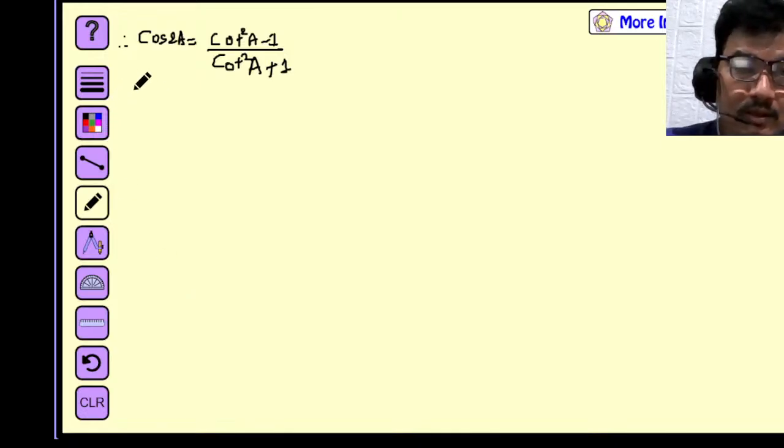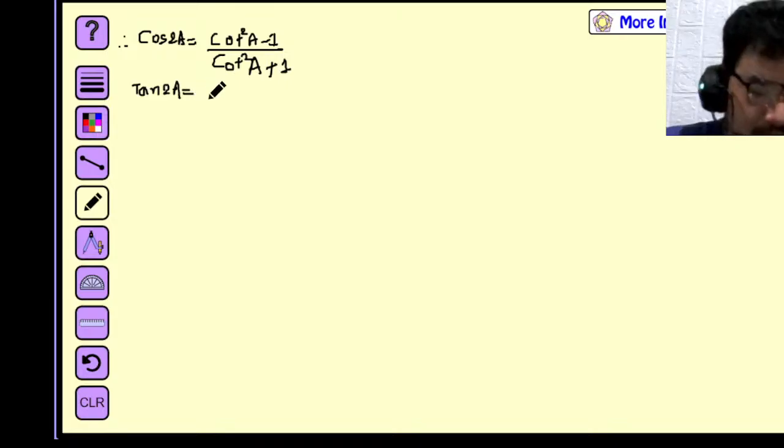How the value of tan 2a comes in the form of 2 tan a by 1 minus tan square a? Its formula will become 2 tan a by 1 minus tan square a.